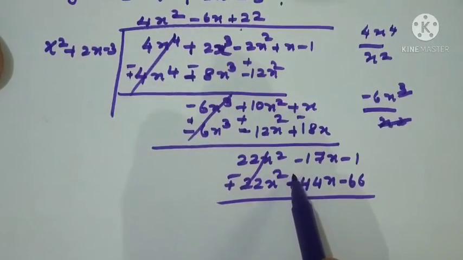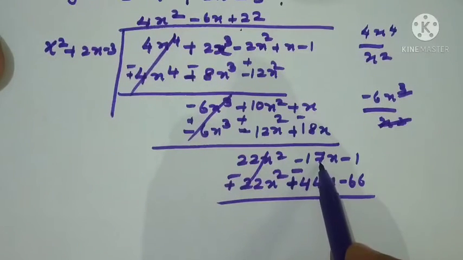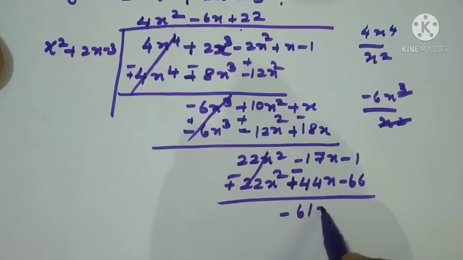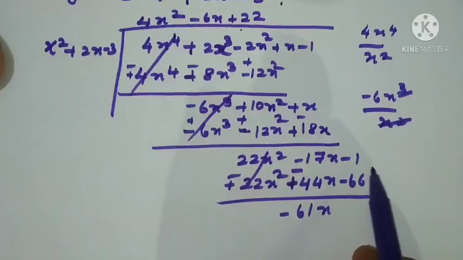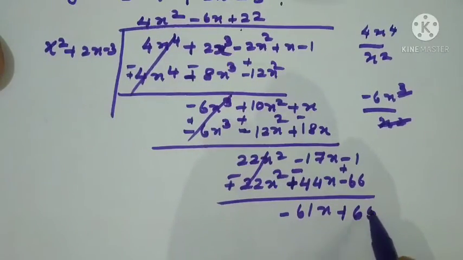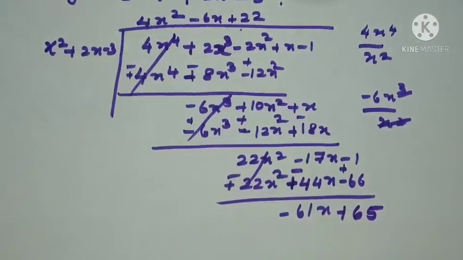Here plus becomes minus. 44 plus 17, 61x will get. So plus 65. So what we got here, the remainder as minus 61x plus 65.